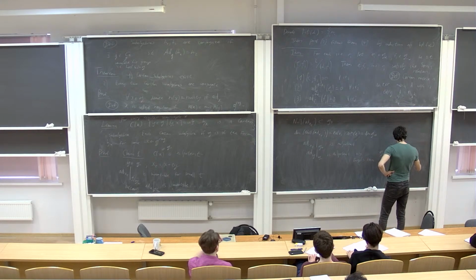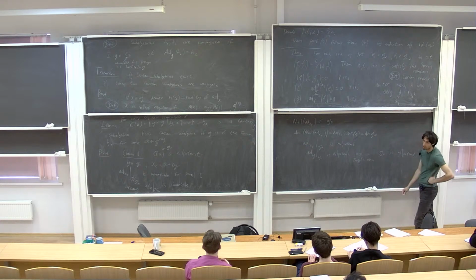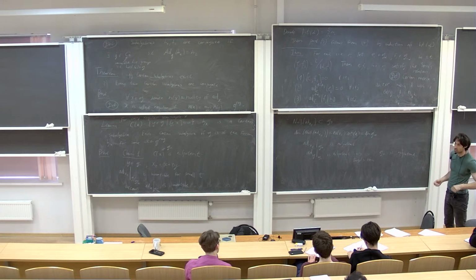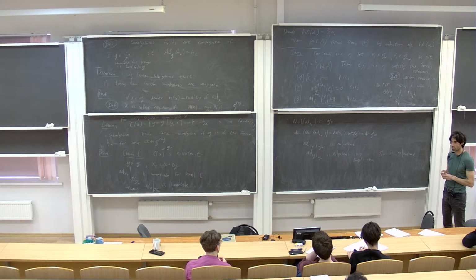Isn't C of x just the centralizer of x? Yes, but I'm also using that x is semi-simple. So the kernel actually coincides with the generalized kernel, if you wish, with the null space, because you don't have blocks.